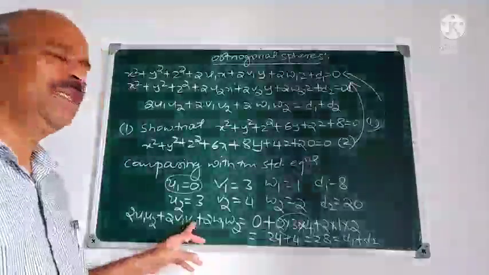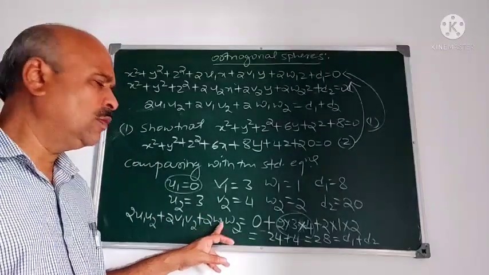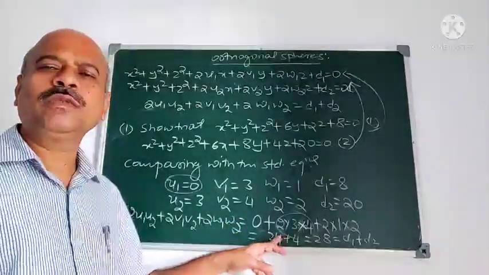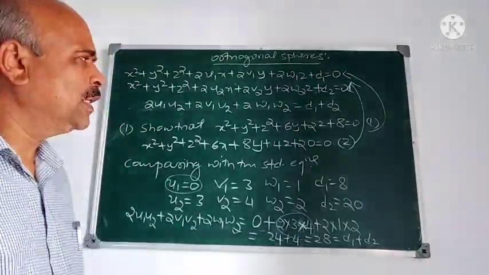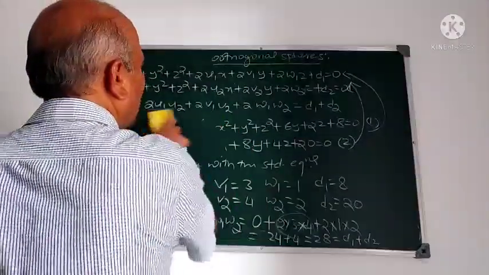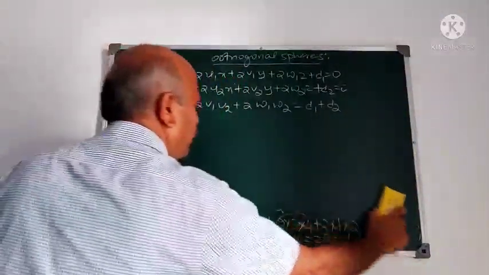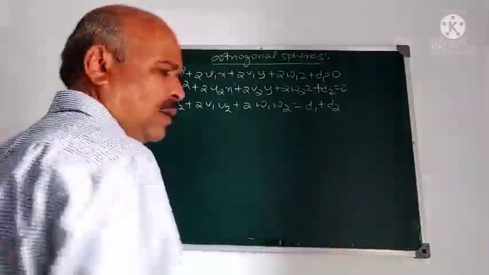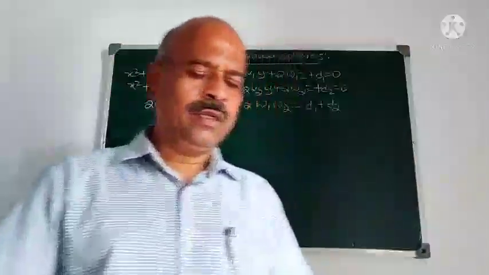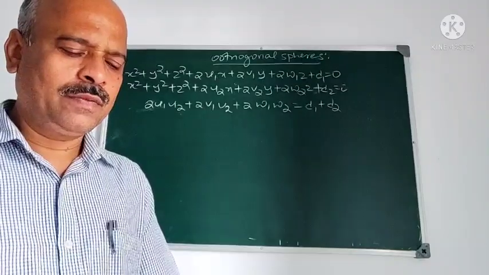So the condition is satisfied: 2u1u2 + 2v1v2 + 2w1w2 = d1 + d2. The condition of orthogonality is satisfied. Therefore, the two spheres are orthogonal. The solution is clear, no? You have to apply the condition of orthogonality, that's all.